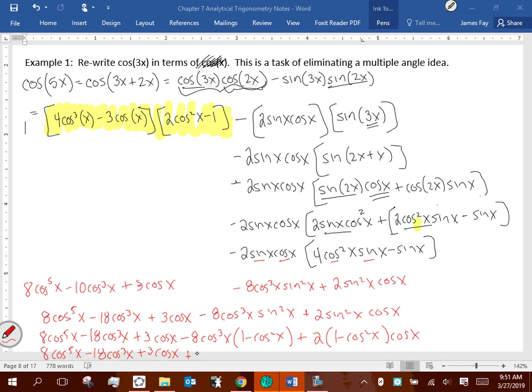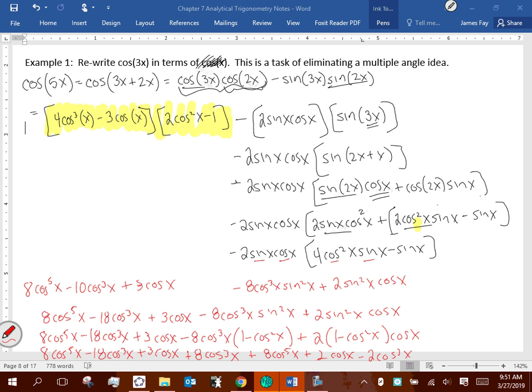Plus 8 cosine cubed x plus 8 cosine to the fifth x plus then 2 cosine x. I'm going to take this 2 and this cosine and use that as my monomial. And then what? Minus 2 cosine cubed x.